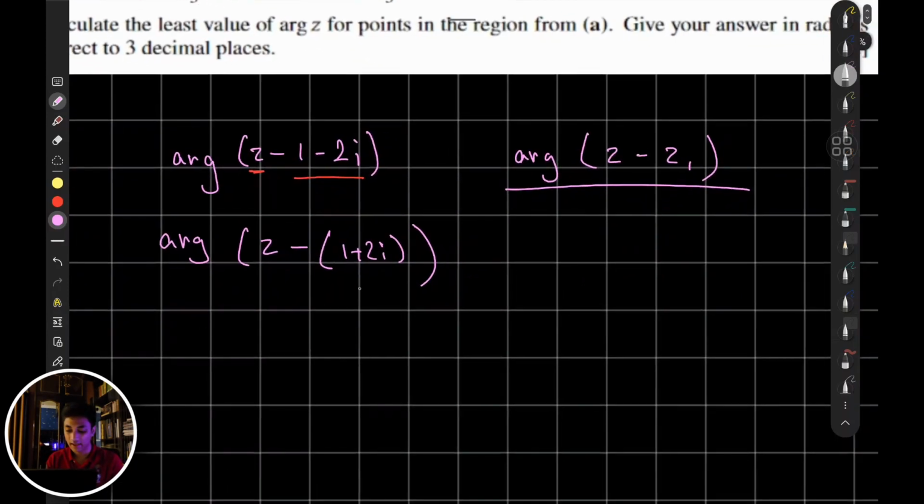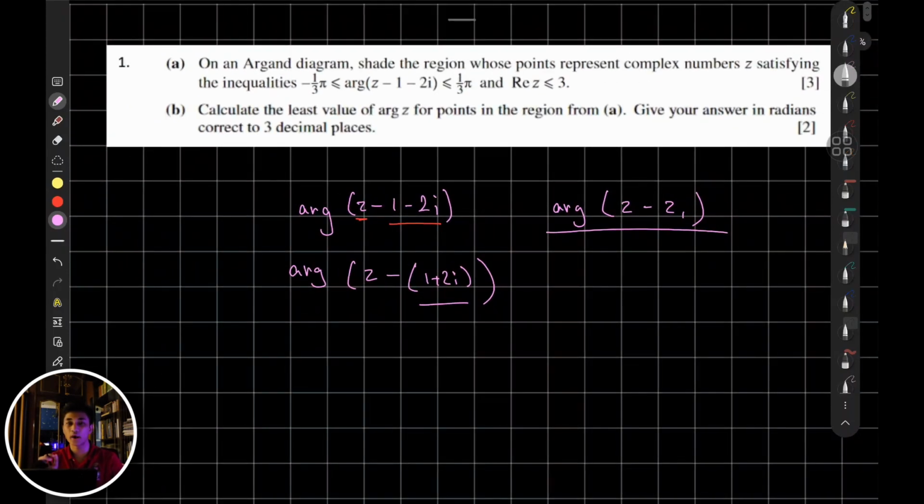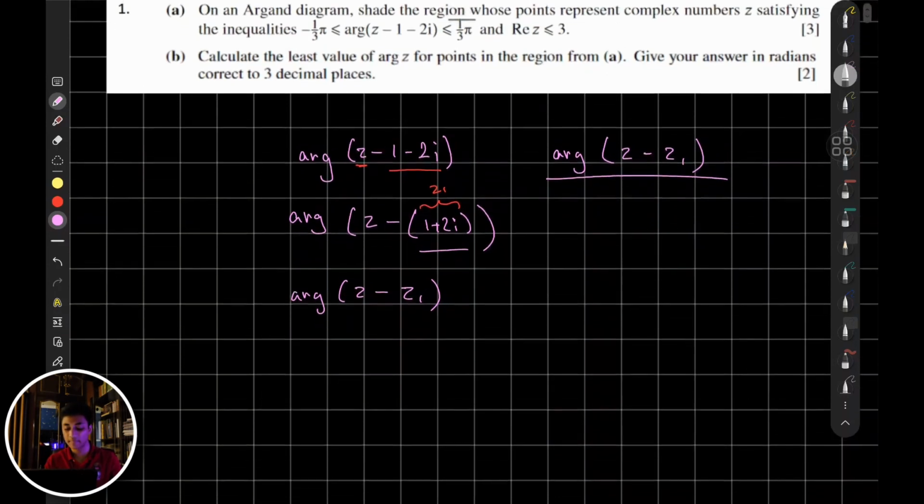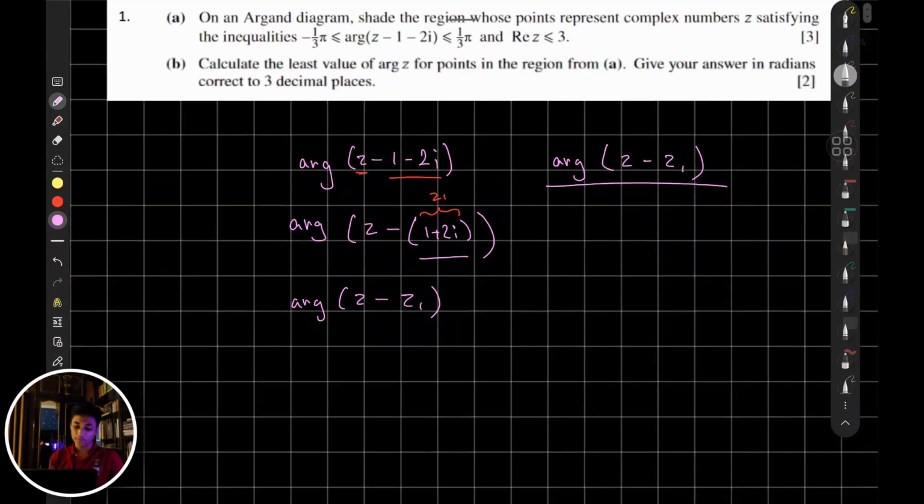And this 1 plus 2i is a known complex number, which we can represent as z1. I'm doing all this not to solve the sum, but to explain what argument of z minus z1 means. You can skip this part and go to the solving part. But yeah, we can represent this as this.